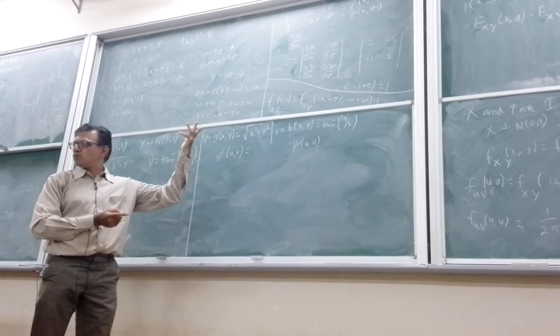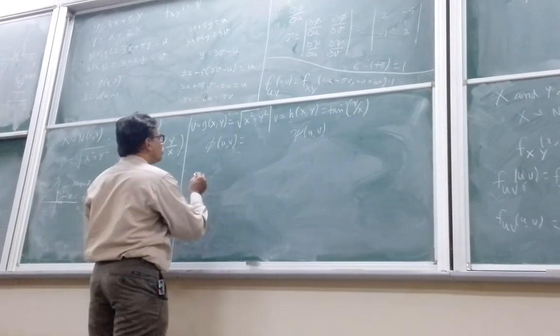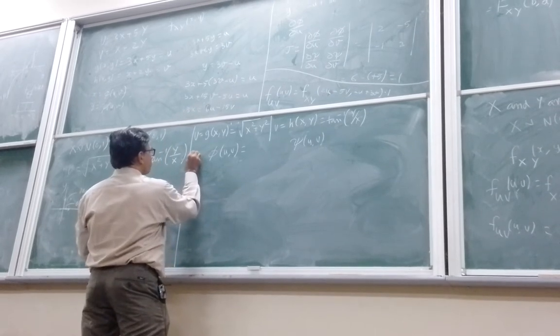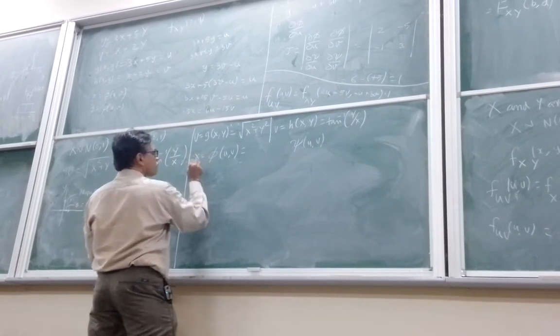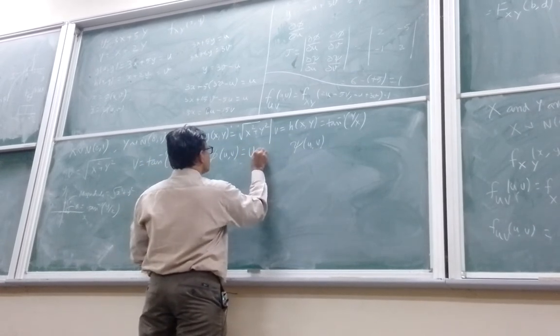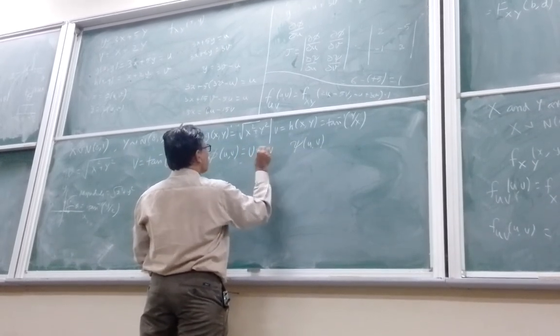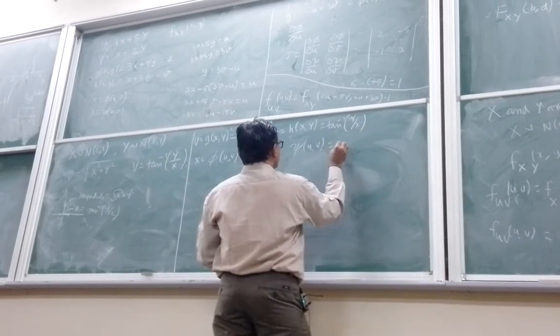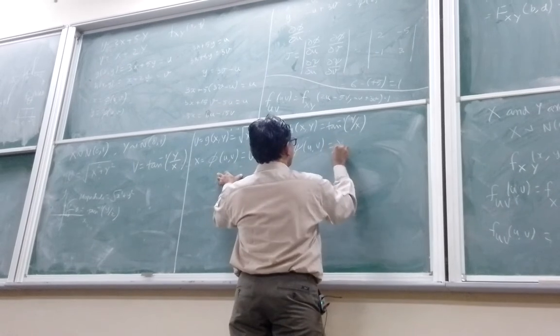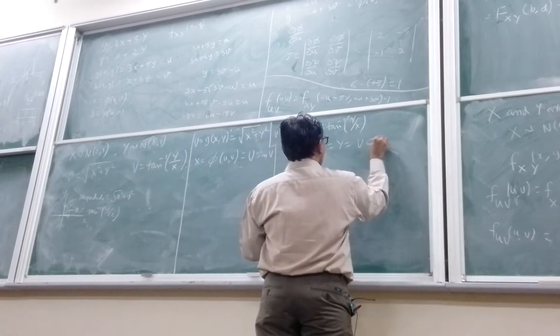It is easy to figure out. So we have to write x equal to u sin v, and this is y, which is equal to u cos v.